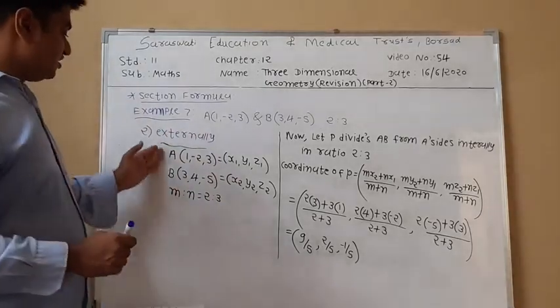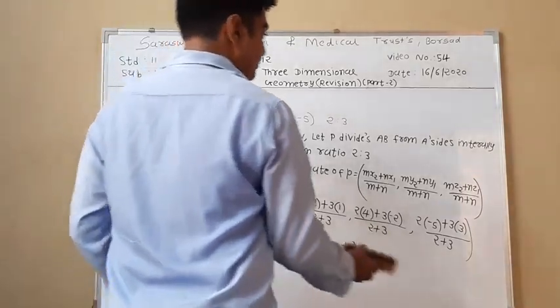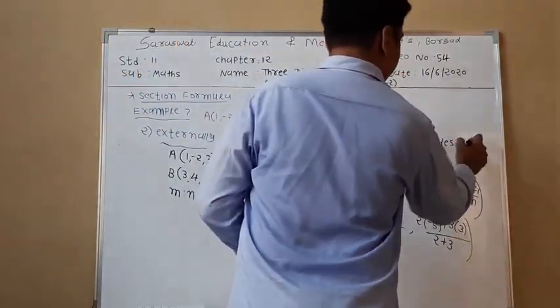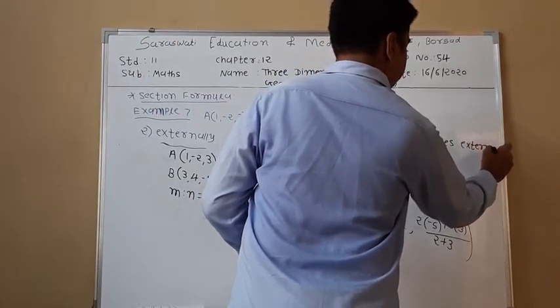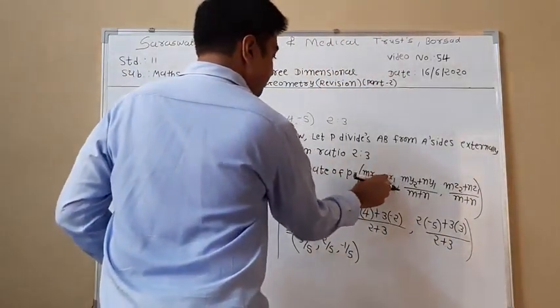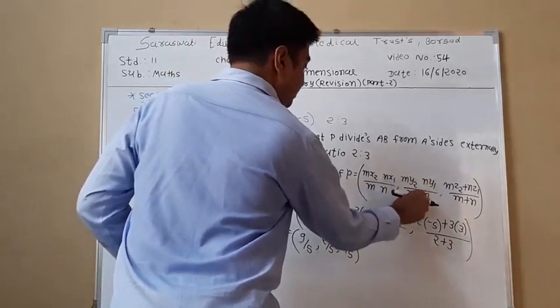Now this term is the same. And for the coordinate of P, change the formula: plus in place of, we only write a minus sign.